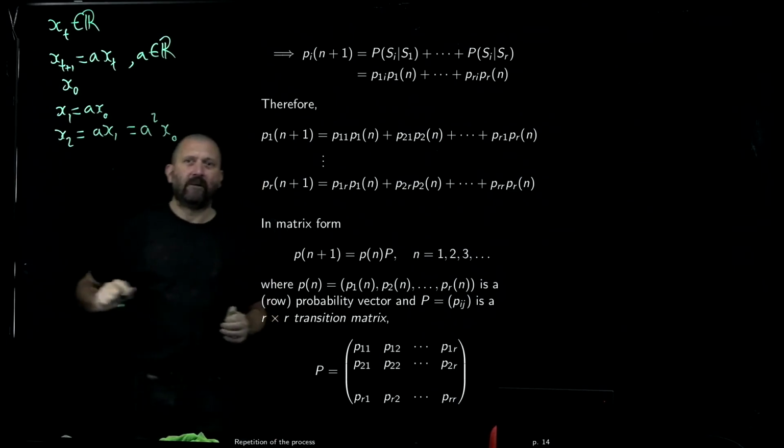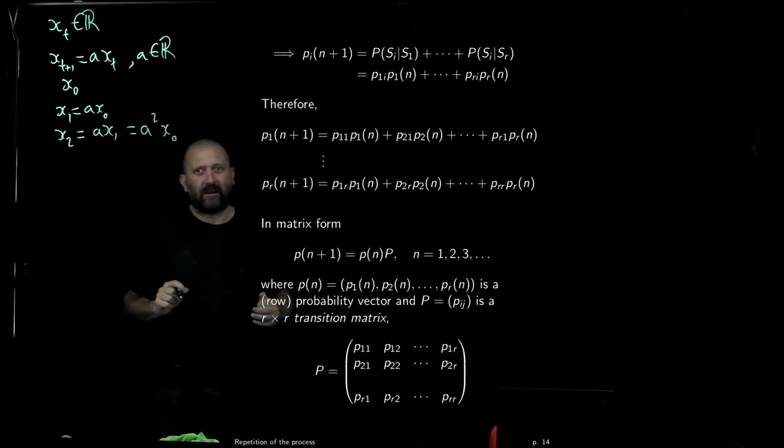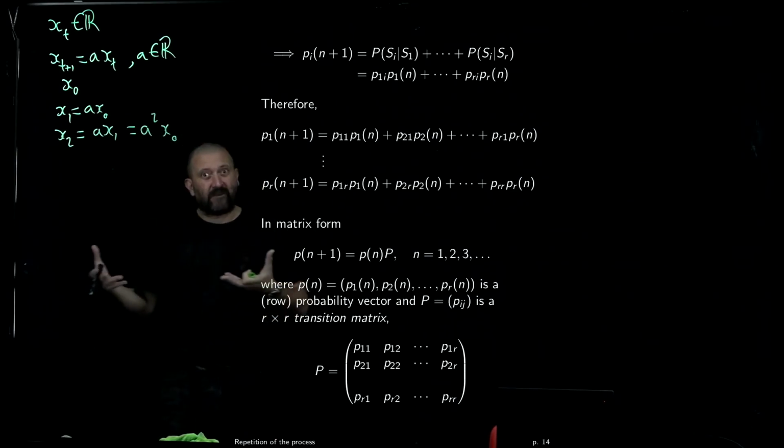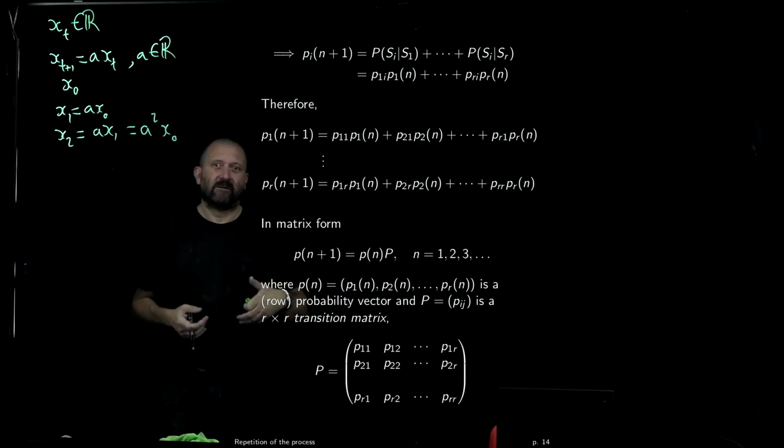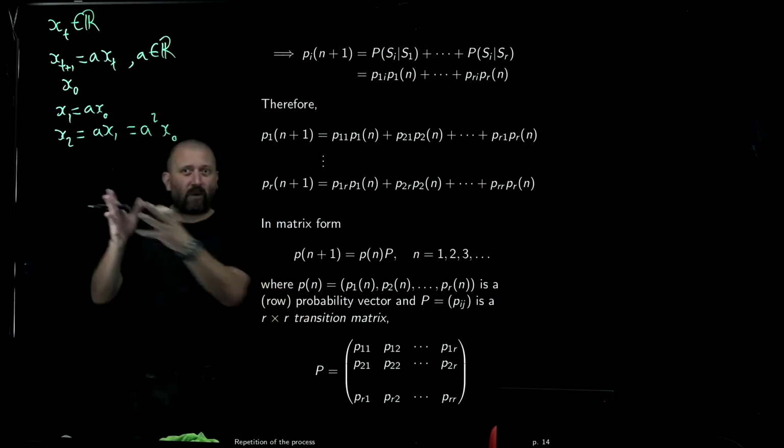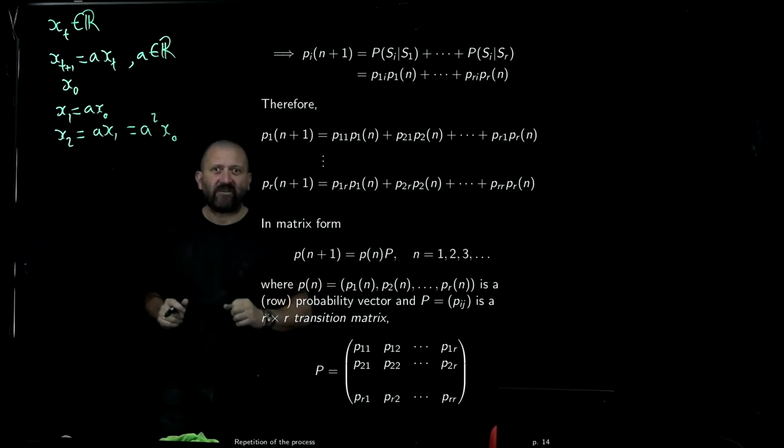This here is exactly the same thing, except that on the left I have a vector, on the right I have a vector times a matrix. But the ideas are exactly the same, and what we do with this sequence or this sequence is the same.